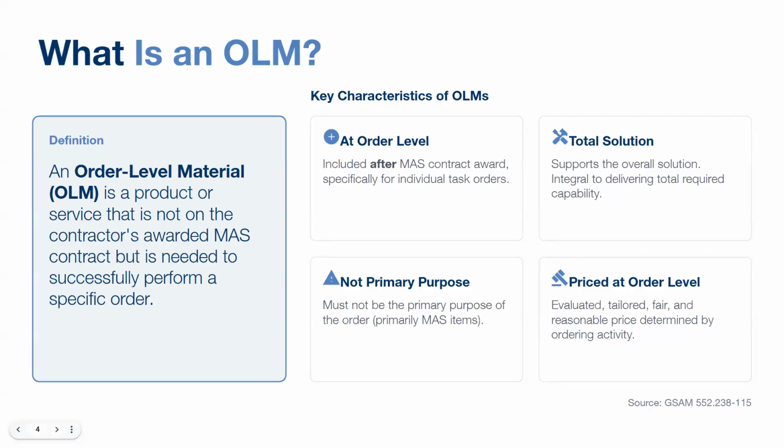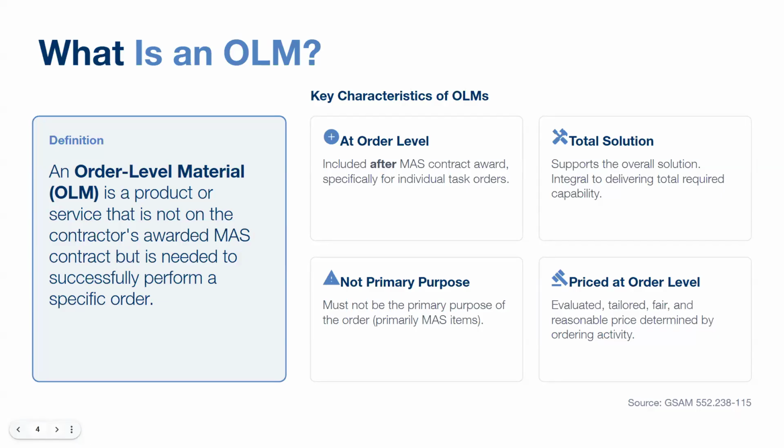Again, going into what an OLM is: it's an unawarded product or service necessary to successfully perform a specific MAS contract order. Rather than expanding a contract with new capabilities, OLMs offer the flexibility to include these items for a complete customer solution.